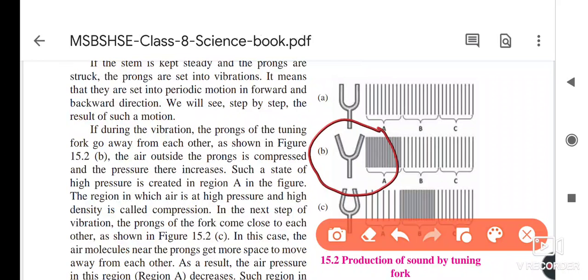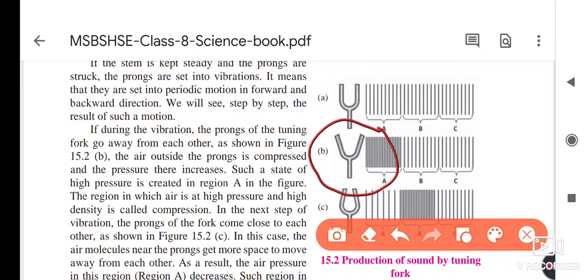Okay, the air outside the prongs is compressed and the pressure there increases. Such a state of high pressure is created in region A.